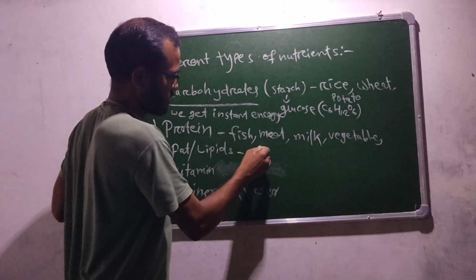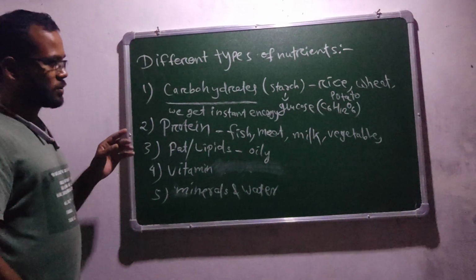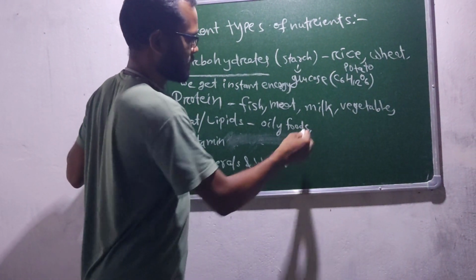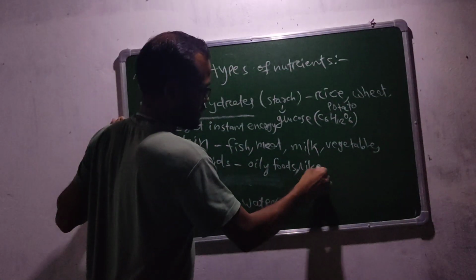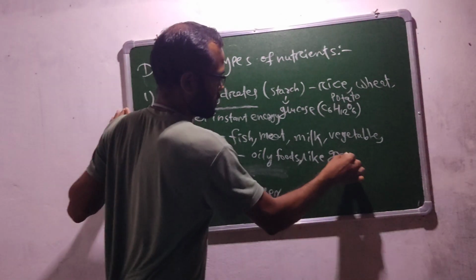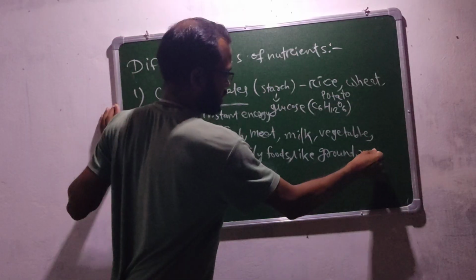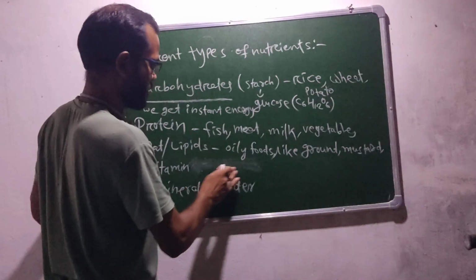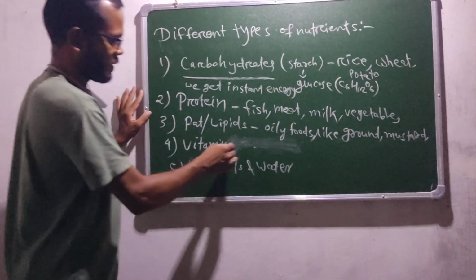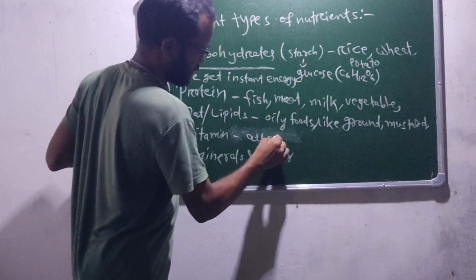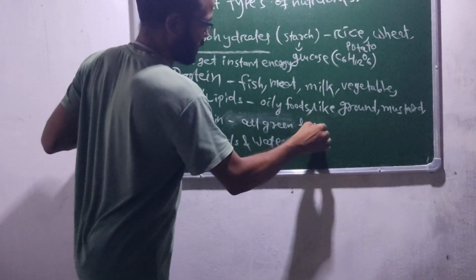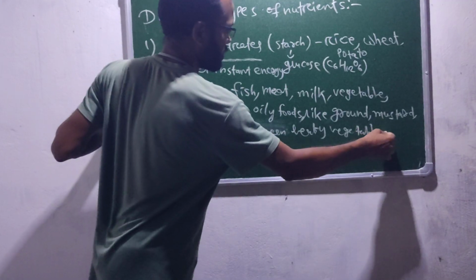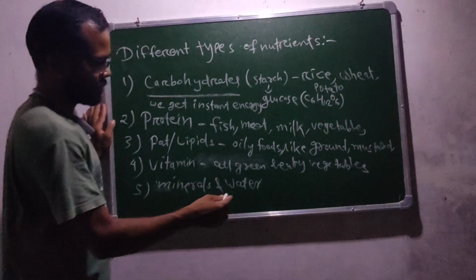From oily foods we get lipids, foods like groundnut, mustard. These types of things give us fat. And vitamins we get from all green leafy vegetables.